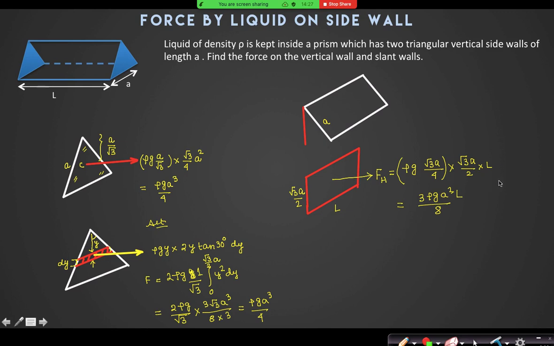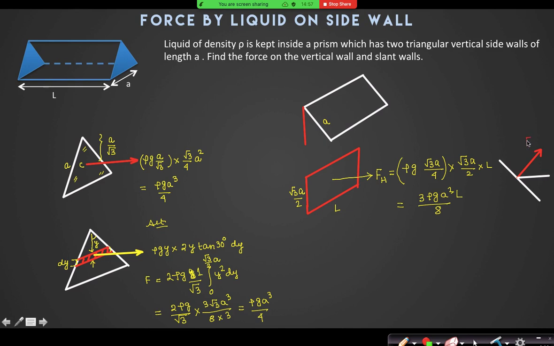again you can just see a side projection. This is the plate, and the net force will always be perpendicular to it. The force by the liquid is perpendicular to the plate, and this angle must be 30 degrees.